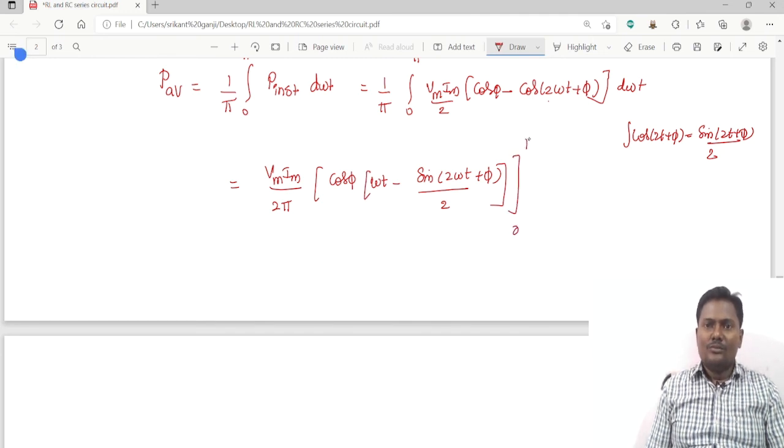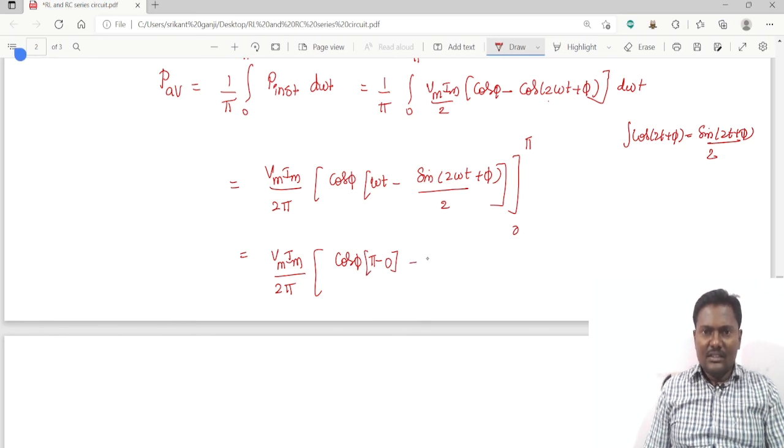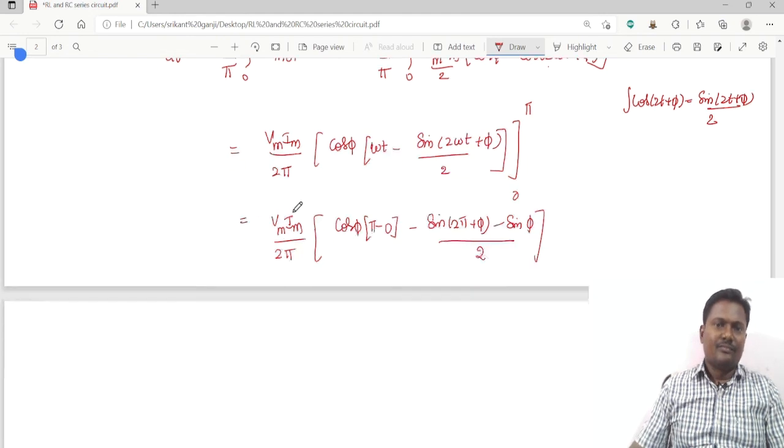From 0 to pi, if you substitute the upper limit and lower limit, this is pi minus 0, and this is sine of 2 pi plus phi minus sine phi, divided by 2.